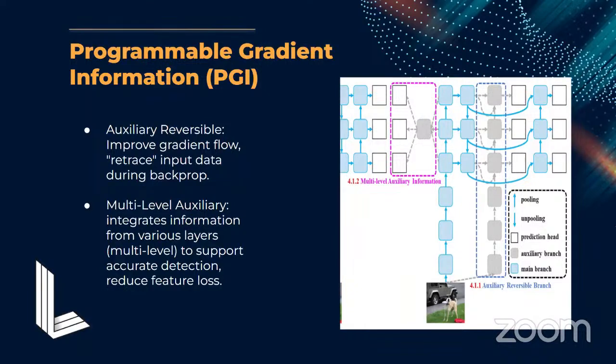The gray part in the picture represents the auxiliary reversible branch, and the pink highlighted node, if you see, is receiving the information from the multiple layers. And yeah, so this is programmable gradient information.